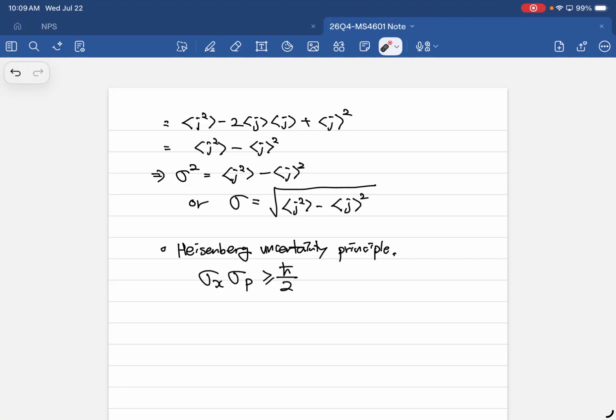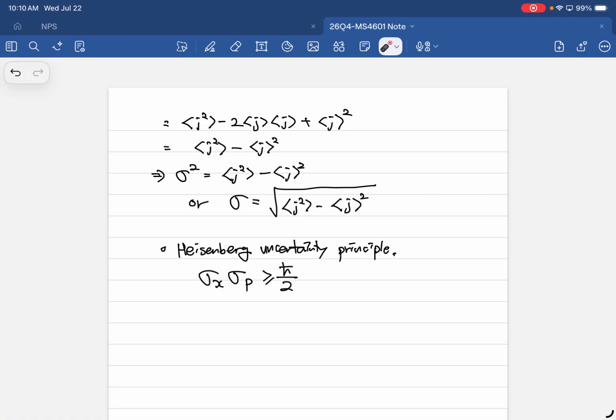This one is counterintuitive again, in terms of deterministic values. For example, if we know exactly what the position is, what does that translate to for the standard deviation of position? The standard deviation must be 0, if we know exactly what the value is.